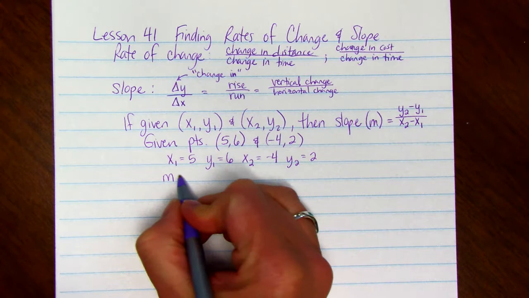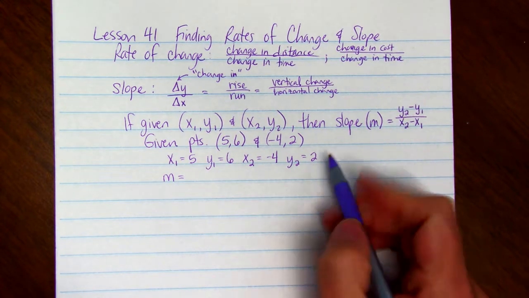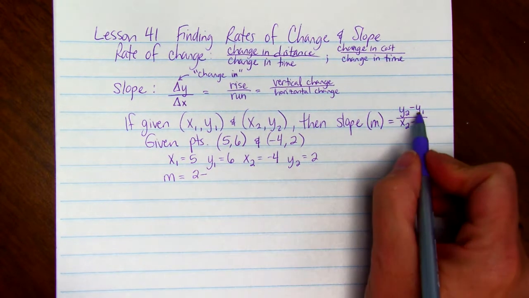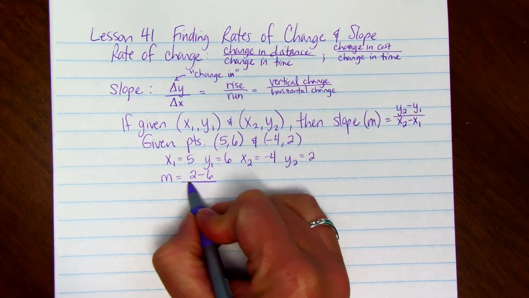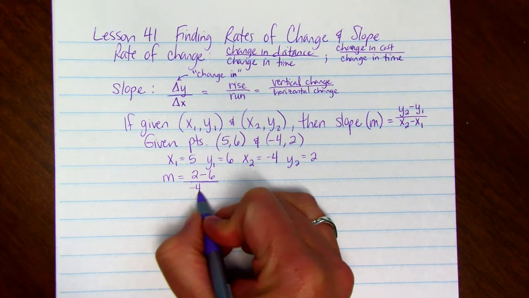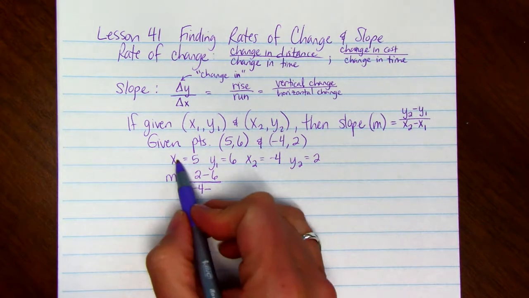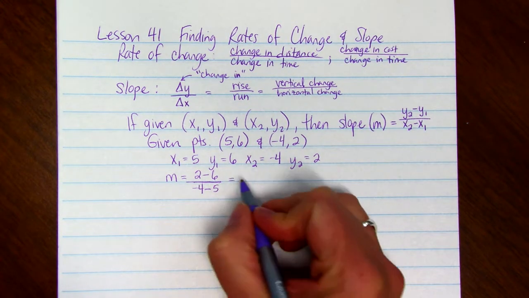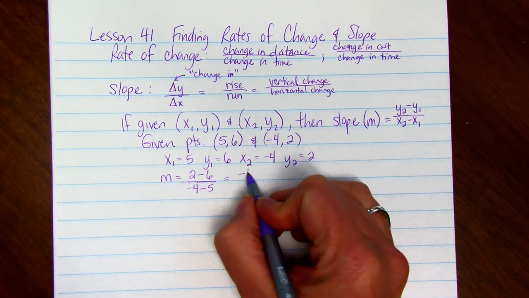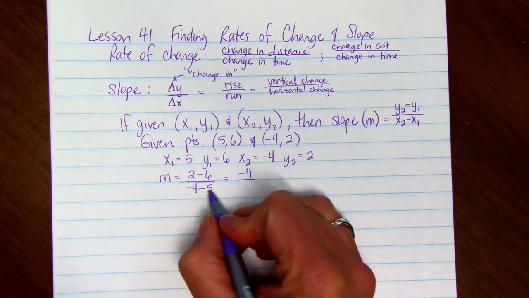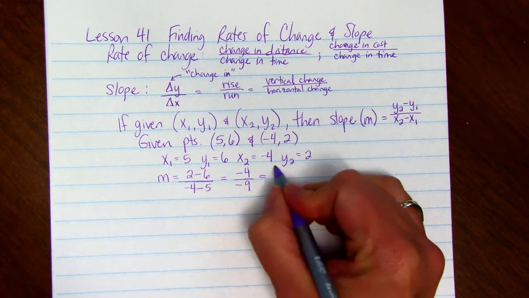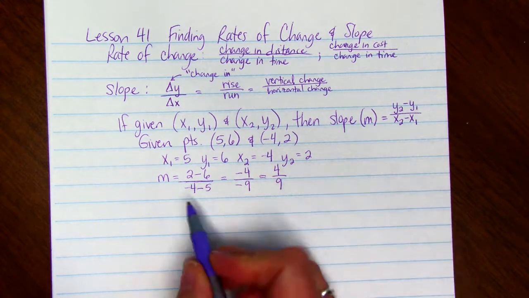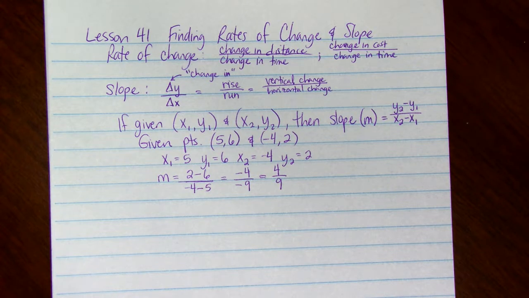So the slope m is y sub 2, which is 2, minus y sub 1, which was 6, divided by x sub 2, which was -4, minus x sub 1, which is 5. 2 minus 6 is -4. -4 minus 5 is -9. When you have a negative divided by negative, it's positive. So the slope, given those 2 points, is 4/9.